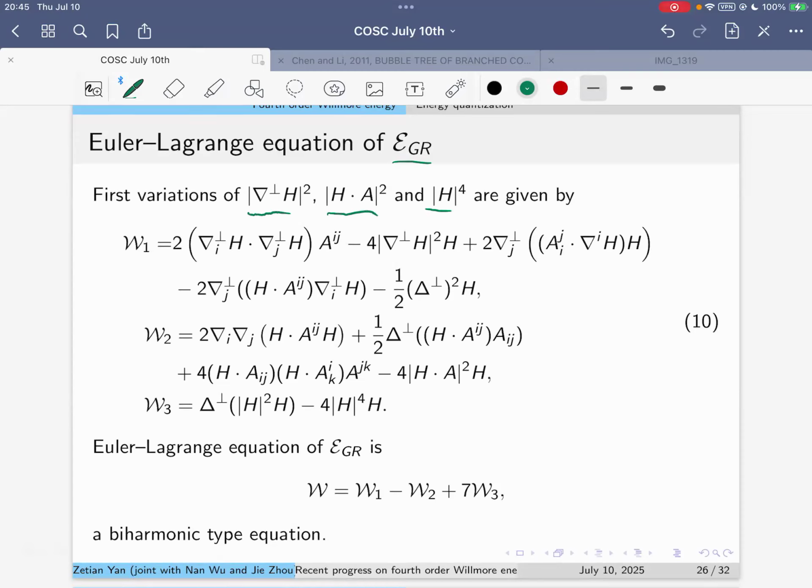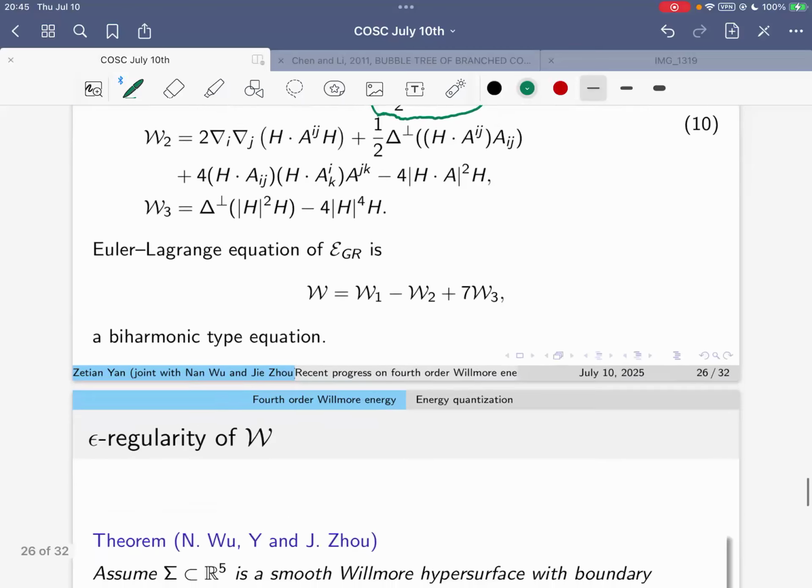And you can find that the leading term is exactly the biharmonic term. Okay, so as you can imagine right now, if we can do the blob analysis, the equation under the blob is exactly the biharmonic equation, such that we need to establish this 3 circles lemma for this biharmonic equation.